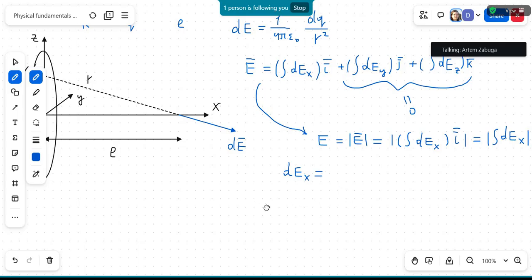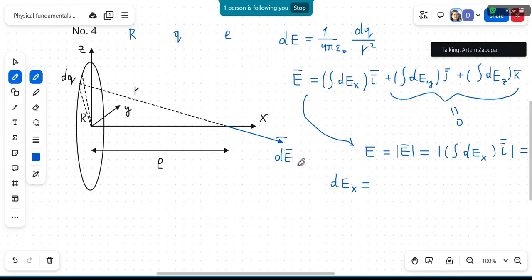How to find the projection of this vector on axis x? No ideas. Okay.